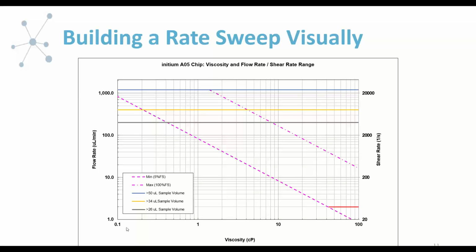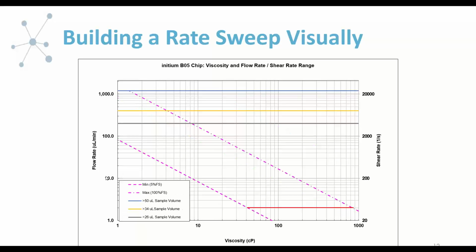You can look at the y-axis over here and figure out what viscosities you can explore, and then you can look on the y-axis on the right and see what shear rates you can explore between these two diagonal purple dotted lines. And we also have the corresponding flow rates over here.